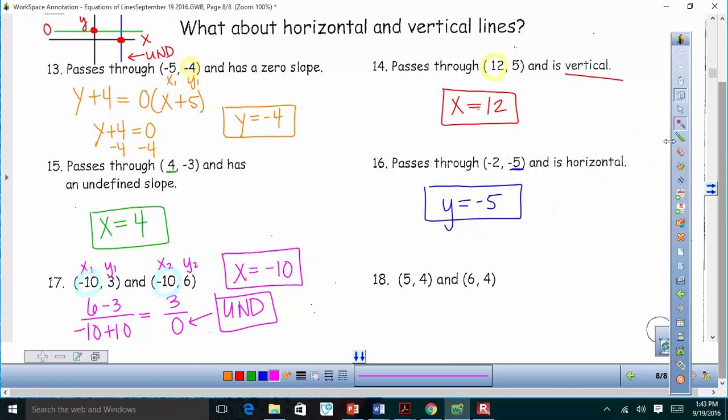Okay? Now, what do you notice on 18? The y's are the same. So what type of slope would it be then if it was just y equals? Okay, so our slope would equal 0. And what would our equation be? Y equals 4. Perfect. Okay, any questions there?